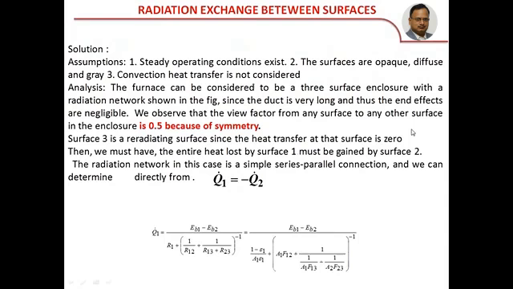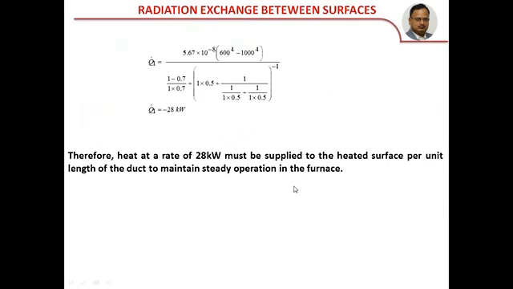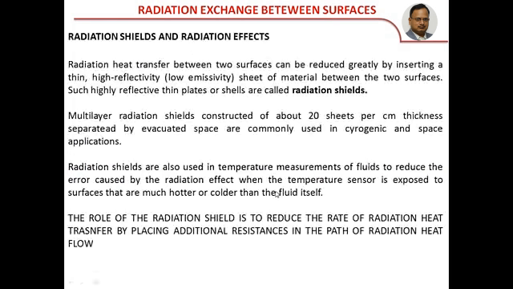Hence, you will get the shape factors 0.5 because of the symmetry. By substituting the values, you will get minus 28 kilowatts. Therefore, 28 kilowatts must be supplied to the heated surface per unit length of the duct to maintain steady operation in the furnace. A very important application in radiation heat transfer is with reference to radiation shields.